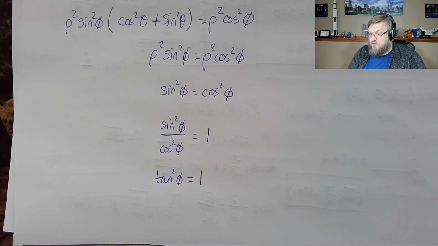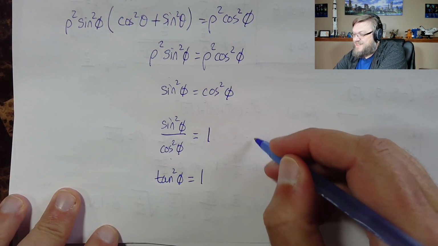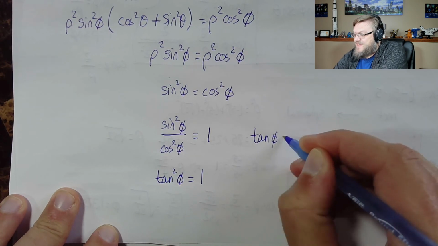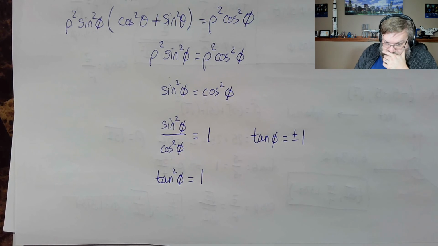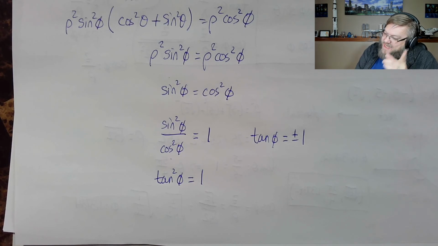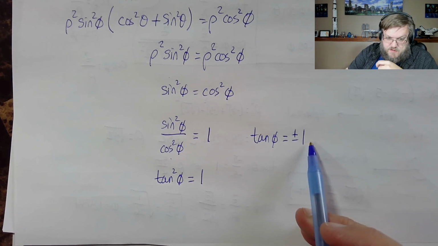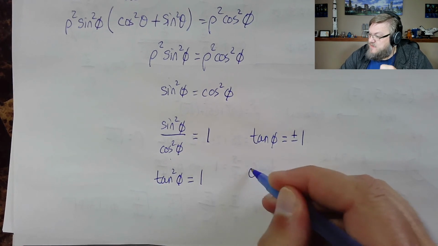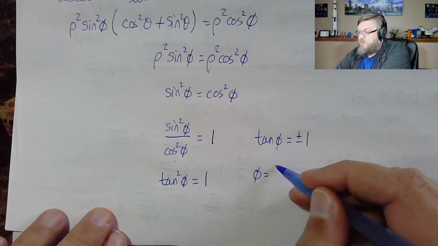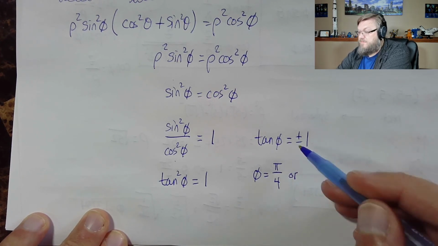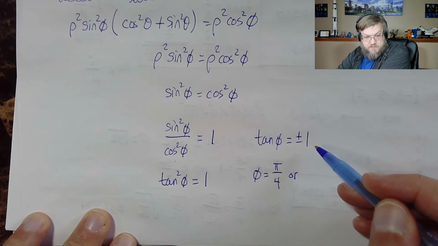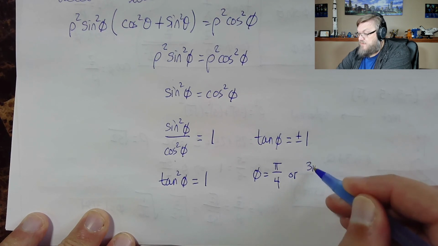And now I can take the square root of both sides to get tan phi equals plus or minus 1. But wait a minute, those are nice. Tangent being positive 1 means that either phi is 45 degrees, pi over 4, or if the tangent of phi is negative 1, 3 pi over 4.